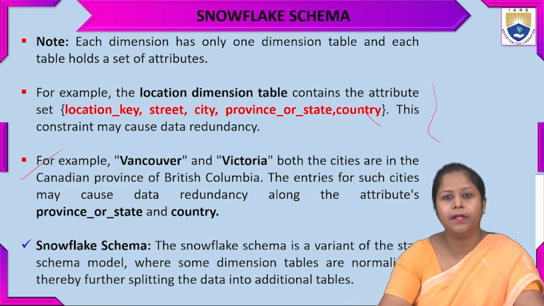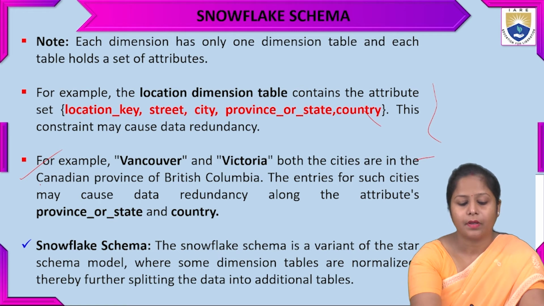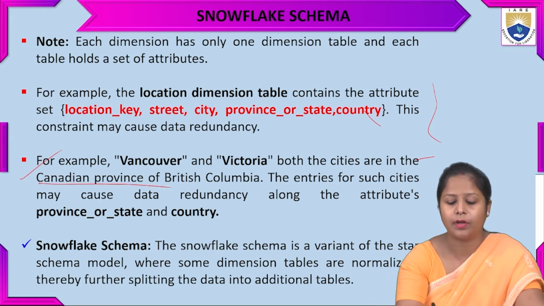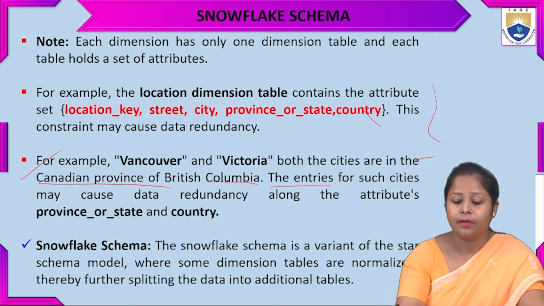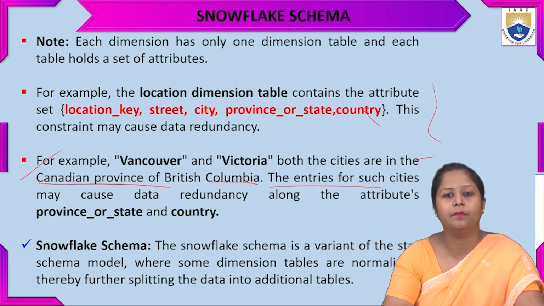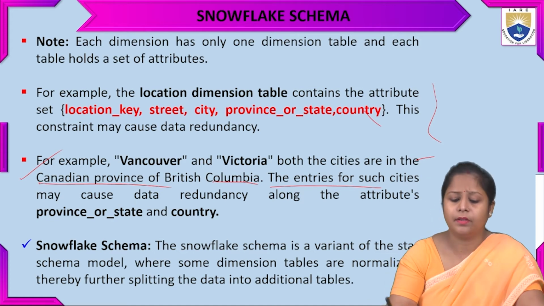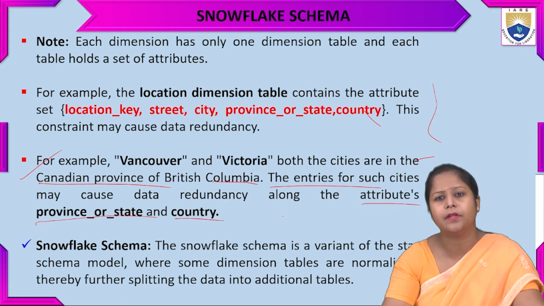Vancouver and Victoria are both cities located in the Canadian province of British Columbia. When we make entries for such cities, it causes data redundancy, because there are the attributes province or state, and country.